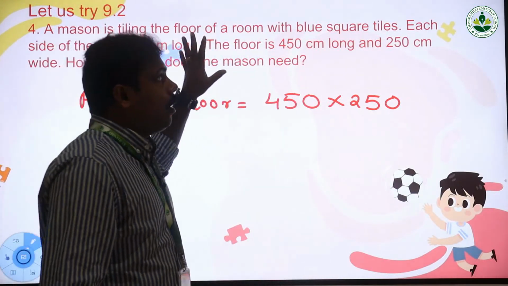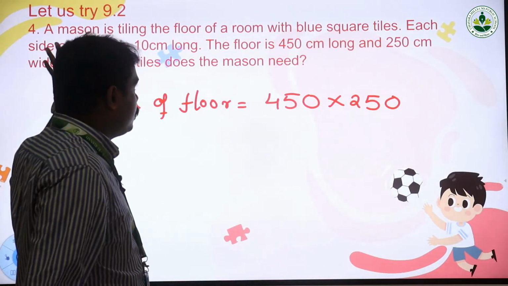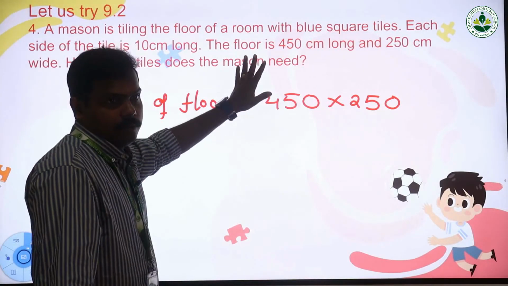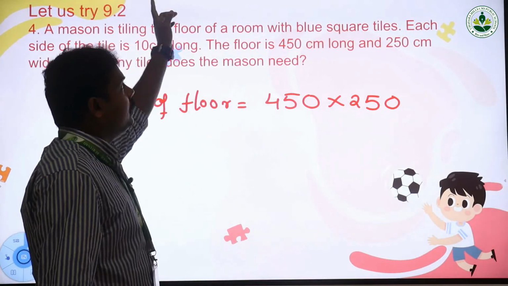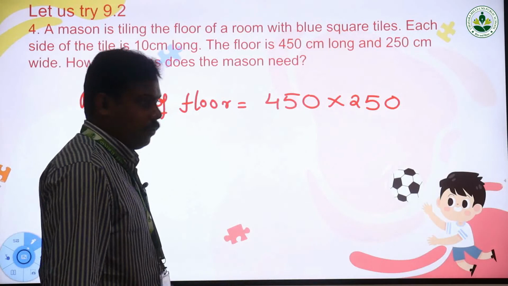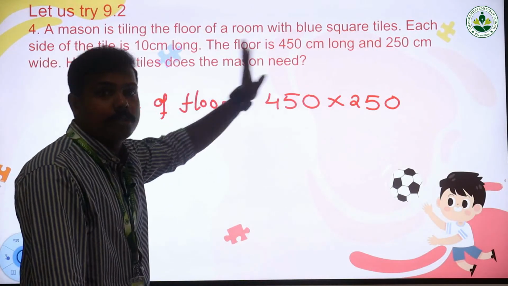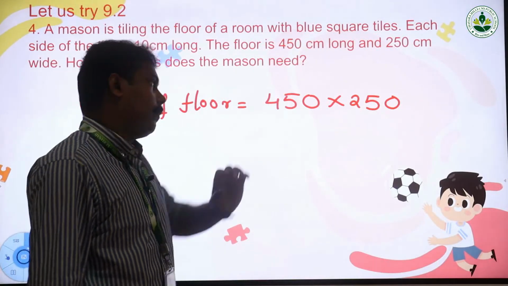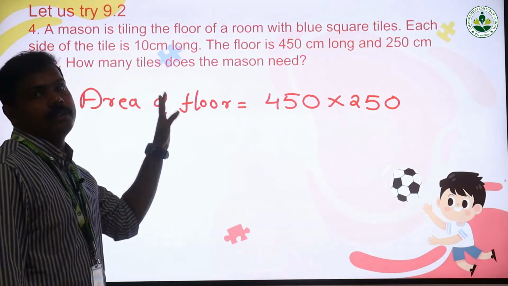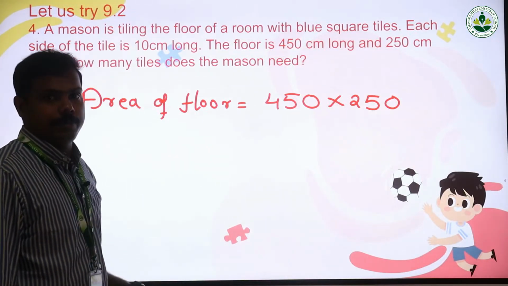If you want to color this board, or I need to decorate this board, there we find out the area. Or if I need to decorate the sides only, or color the sides only, there we use perimeter. Inside we use area, only outside that is perimeter.